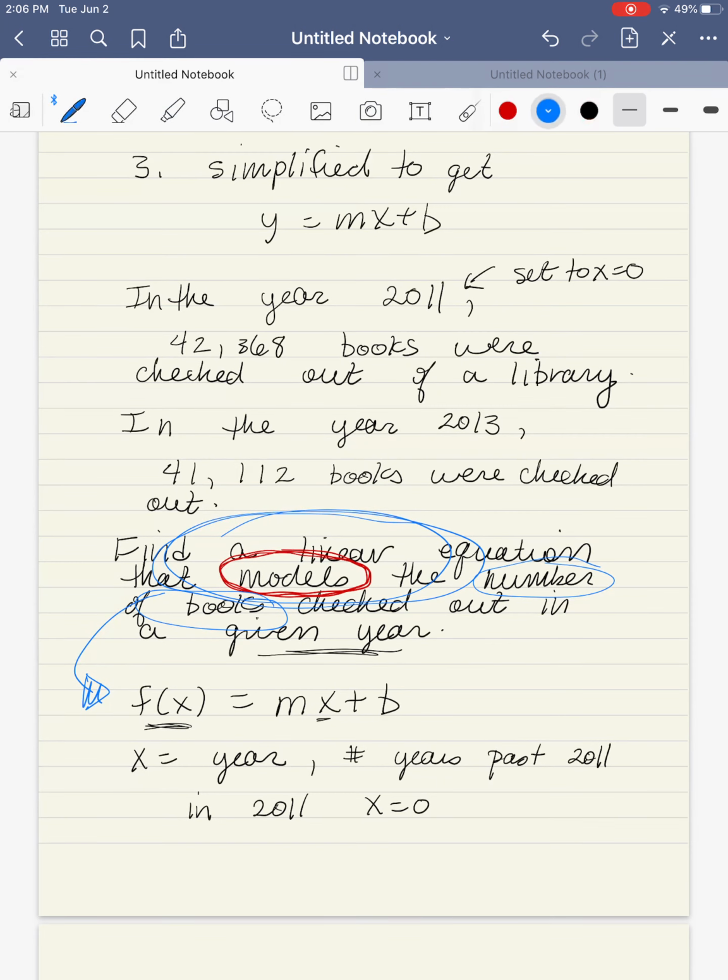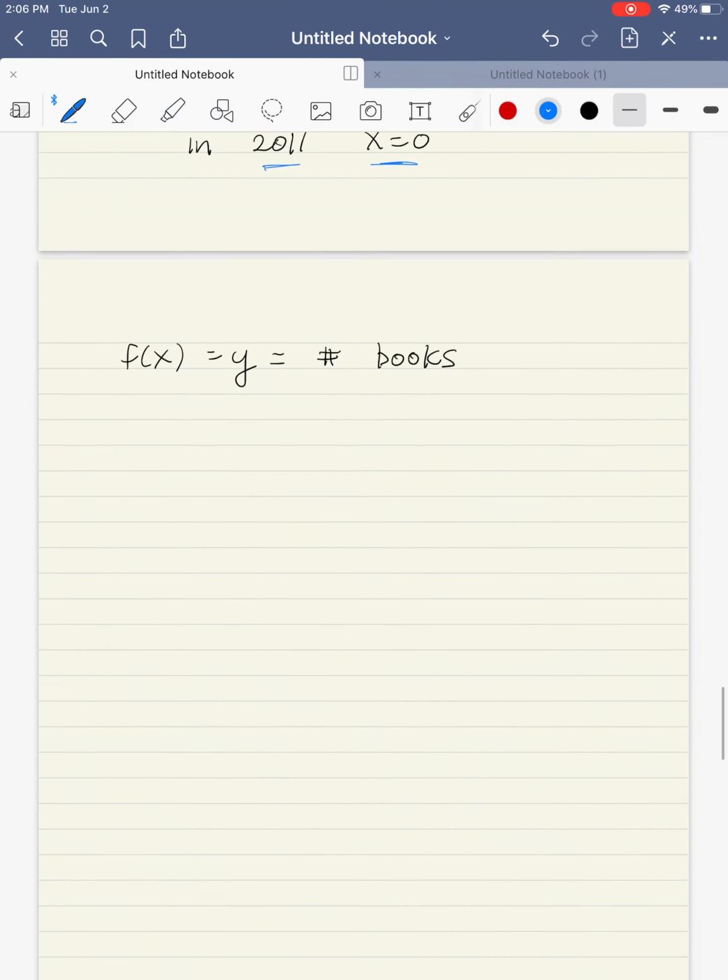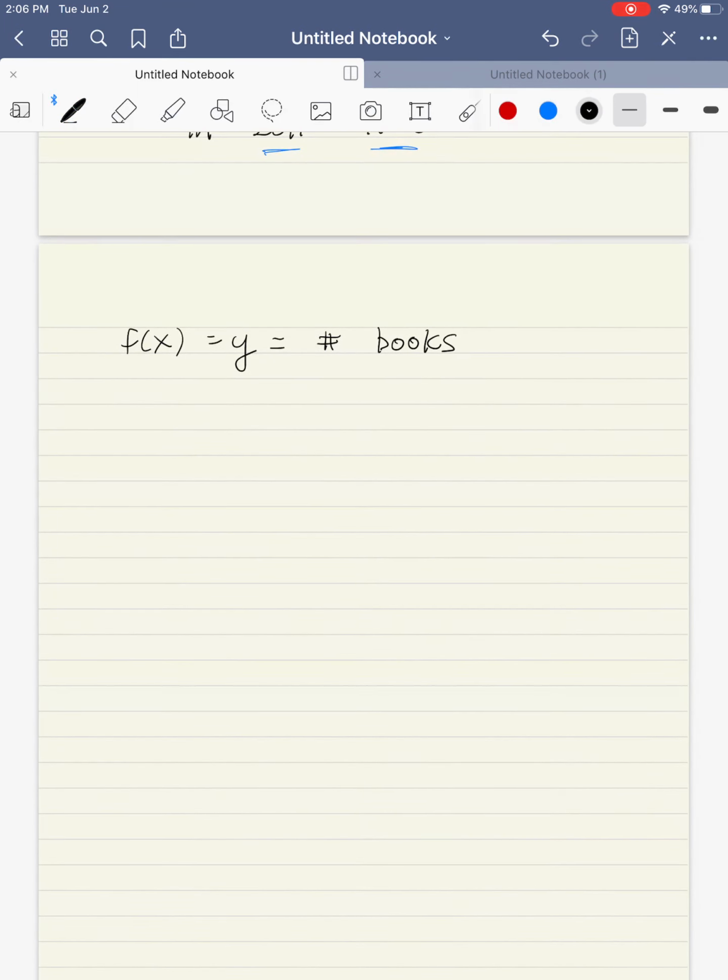So if I write my two ordered pairs from my two pieces of information here, I'm going to see that this first piece of information is one point, and this second piece of information is another point, another ordered pair. And remember that in 2011, x equals 0. So what I want you to do is to pause the video for a moment and write our two ordered pairs. And just to give you a hint here, I'm going to put a 0 right here. That's our first ordered pair.